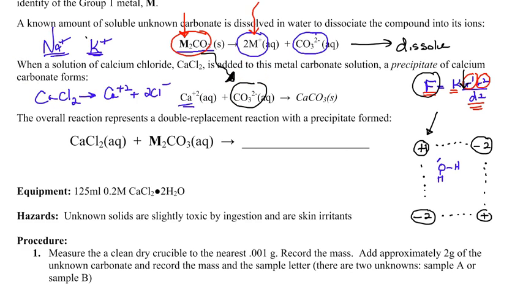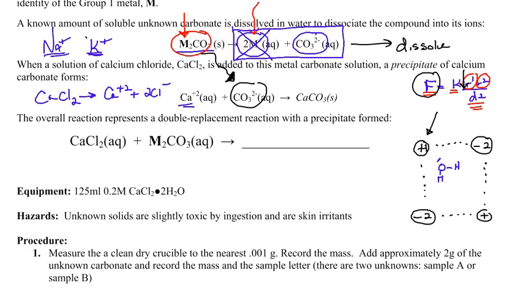Now, when we pour our dissolved metal carbonate, whether it's sodium or potassium, we're going to have these free ions in solution. We're not going to care really about the sodium or potassium, and that's kind of weird. The whole lab is about whether this is sodium or potassium, yet when we dissolve them, we're not going to care about these guys in solution.